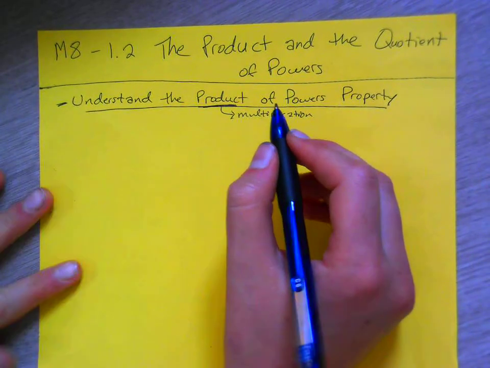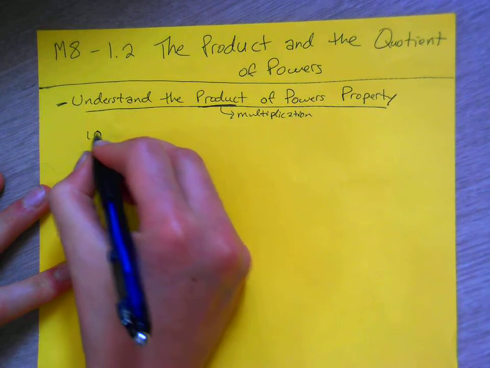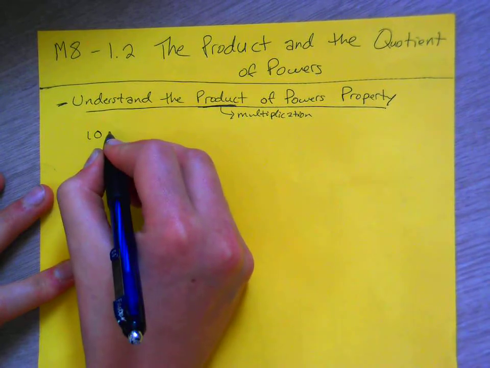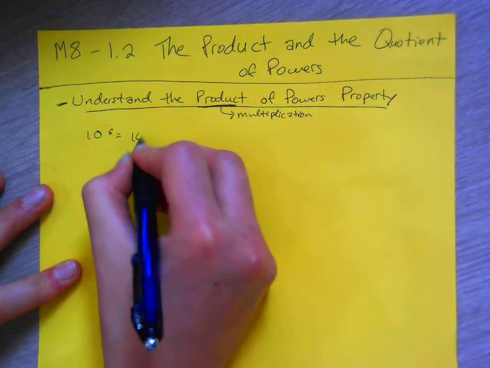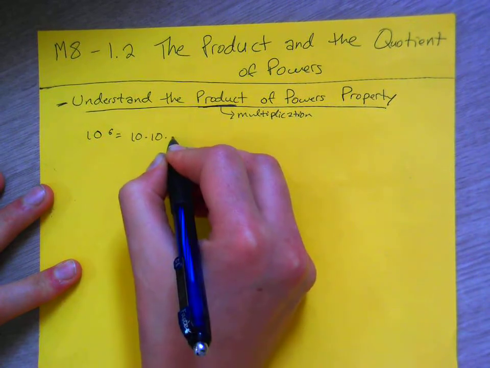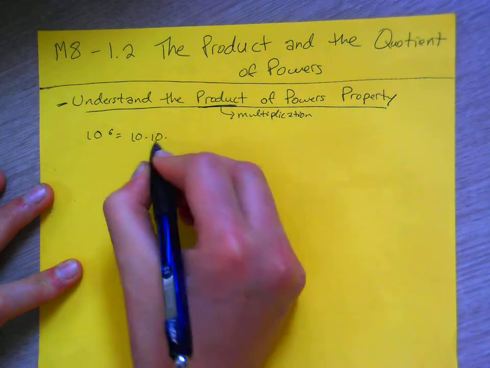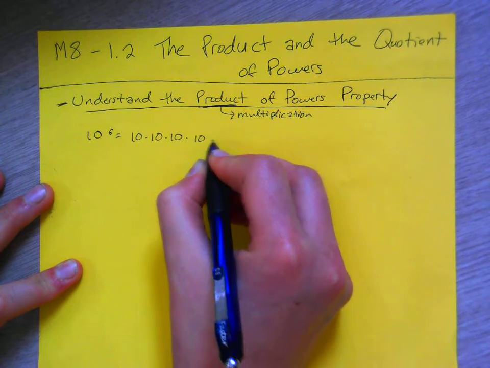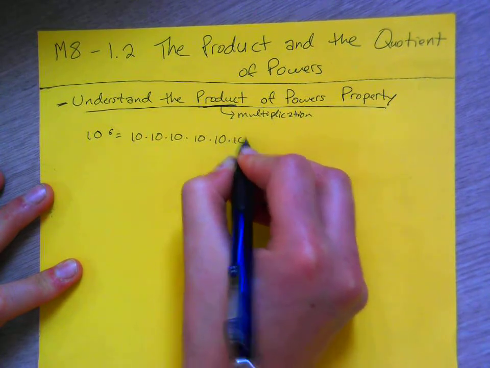Now we've already learned that 10 to the power of 6 equals 10 times itself 6 times: 1, 2, 3, 4, 5, 6.